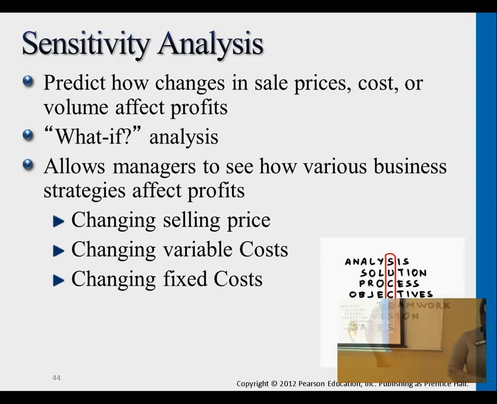It can be sales and prices, it can be cost, it can be volume that affects the profit. In fact, sensitivity analysis is something like a what-if question. What if something happens, then what? We want to have all the answers before that happens so that we can mitigate the risk.